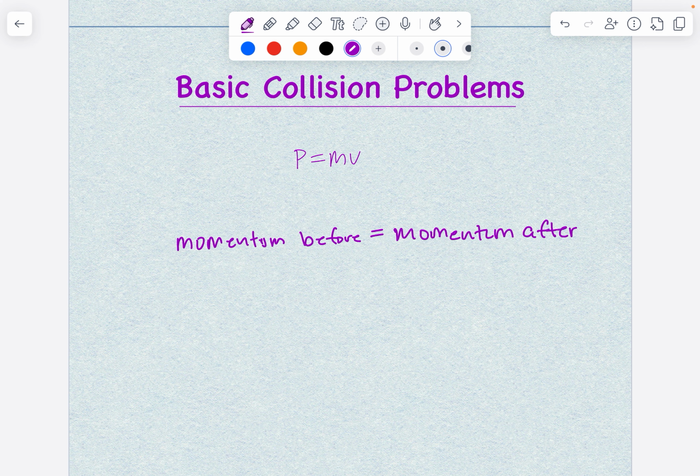Right. If the total momentum before is equal to the total momentum after, that means no momentum was lost or created. Conservation of momentum.